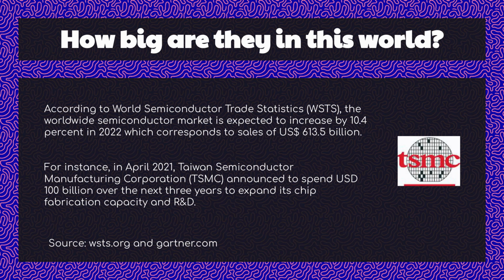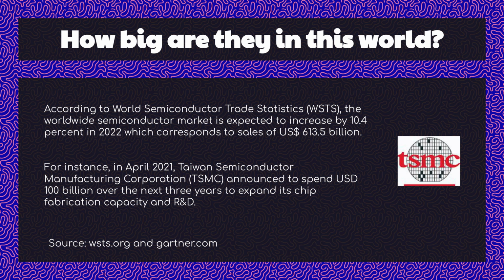How big is the semiconductor industry in this world? According to WSTS, which is World Semiconductor Trade Statistics, in 2022 they estimate the worldwide semiconductor market to have a revenue of around $613.5 billion.